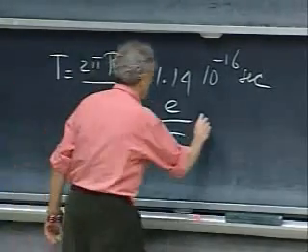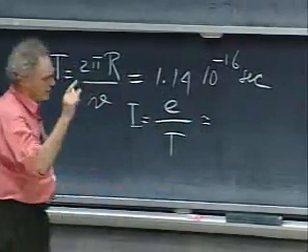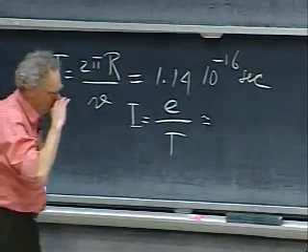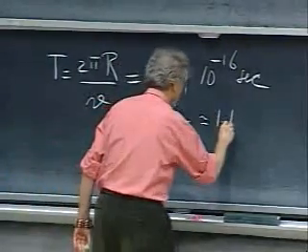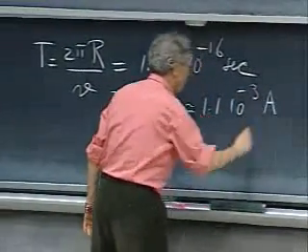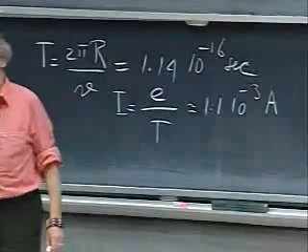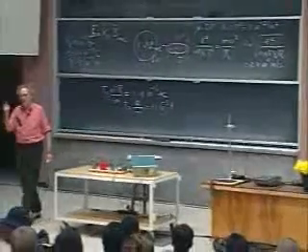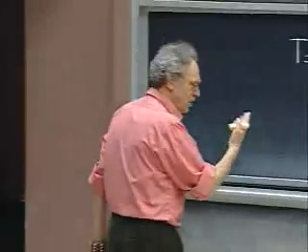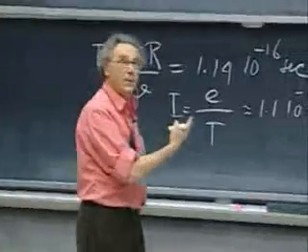And so this current, which is simply due to the electron going around the proton, is about 1.1 times 10 to the minus 3 amperes. And that is mind-boggling. A milliampere, one electron going around a proton, represents a current of a milliampere.